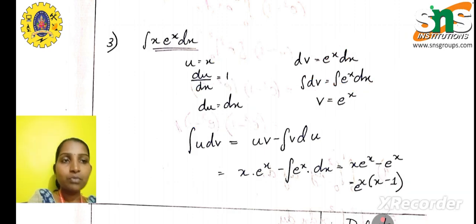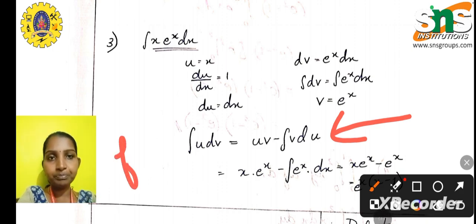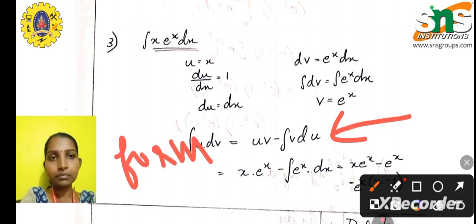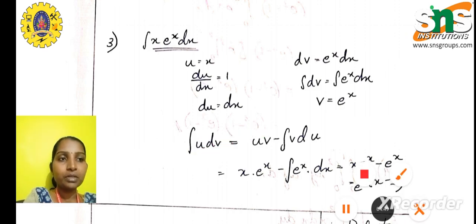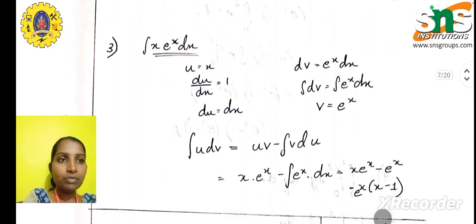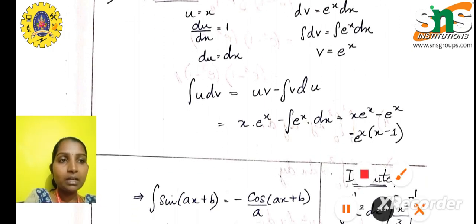Now what is our formula? Our formula is integral u dv is equal to uv minus integral v du. This formula has been studied earlier in lower grades. Now on implementing all the found values here, what will you get?